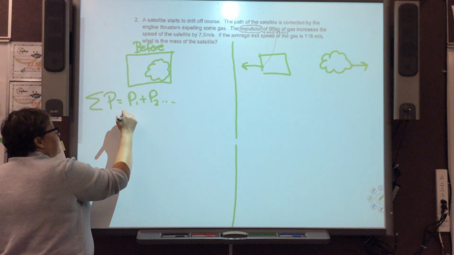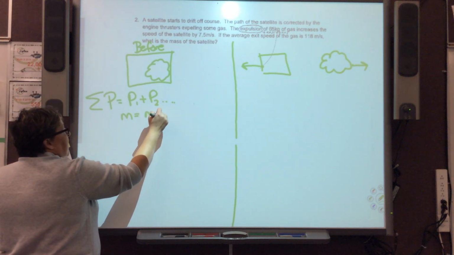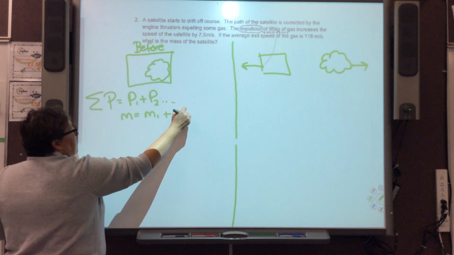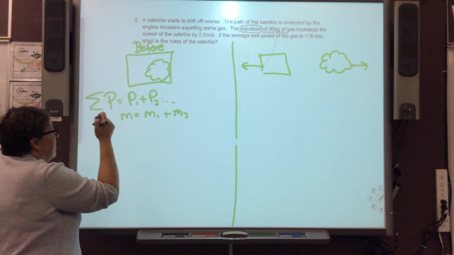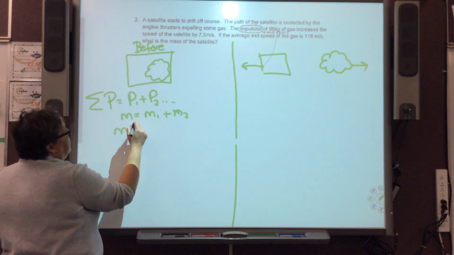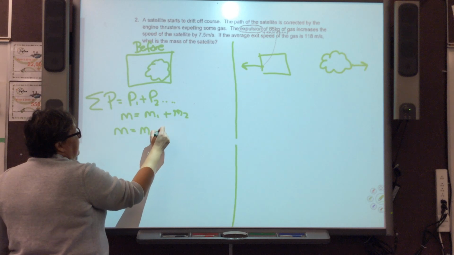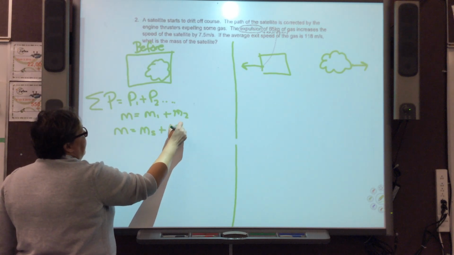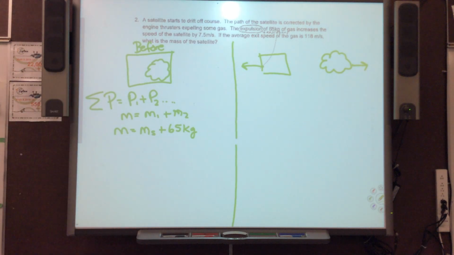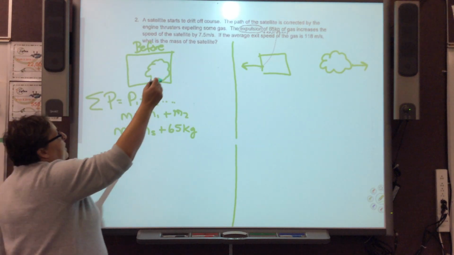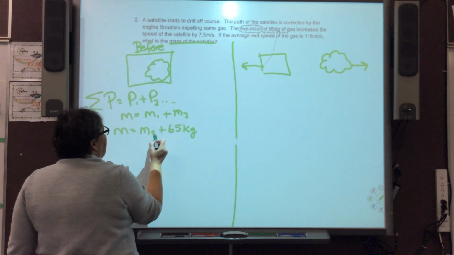So our mass is going to be equal to mass 1 plus mass 2. It's 1 unit. Okay? So our mass is equal to the mass of the satellite plus the 65 kilograms that Jaden pointed out.